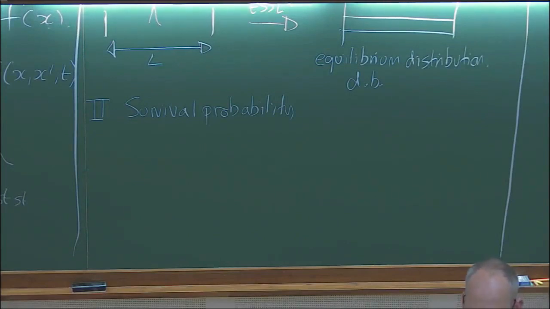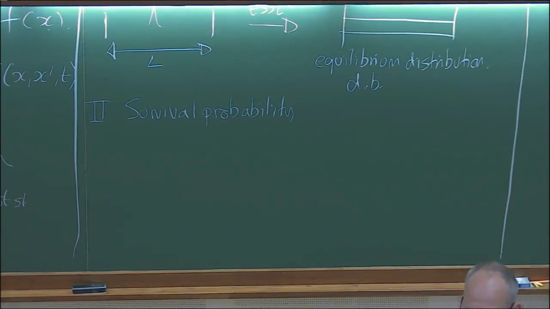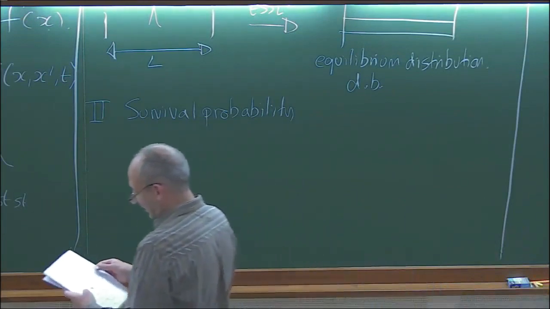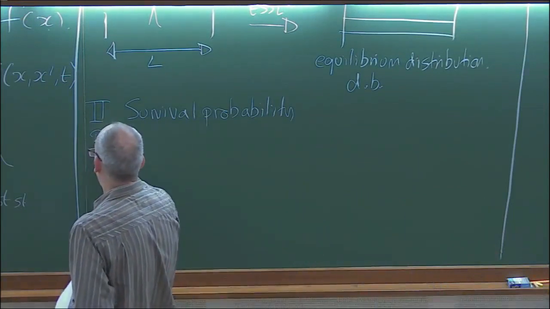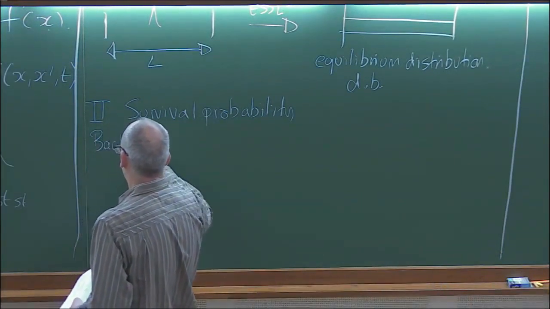The idea is this particle diffuses around, and when it hits the trap, it gets stuck, and it's over. So I want to ask the question, how long does it take to hit the trap? And what's the probability that it survives and hasn't hit the trap yet? To do that, I want to introduce a backward master equation.